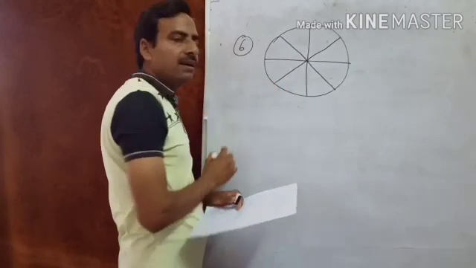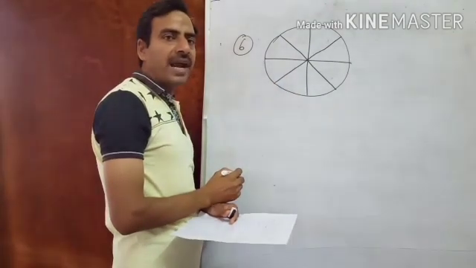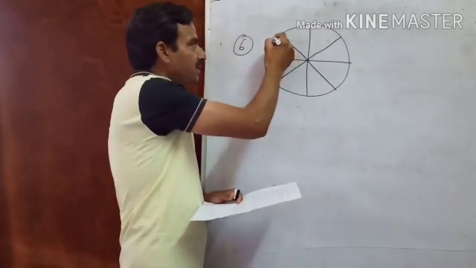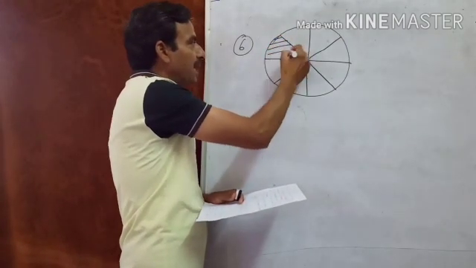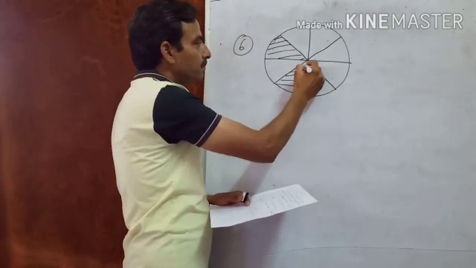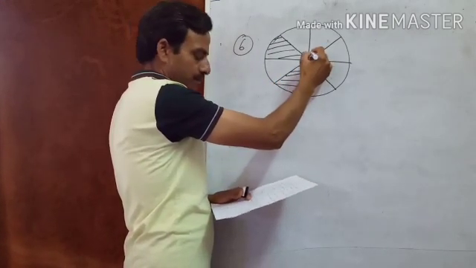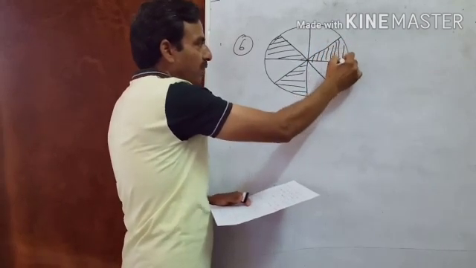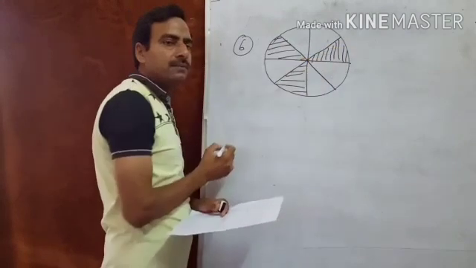Here is a circle and it is divided into 8 equal parts. In this, 3 parts are shaded. We have to find out the value of the shaded part.